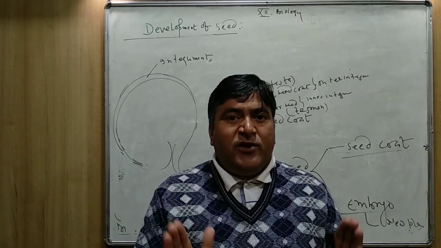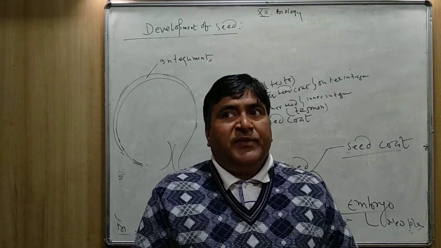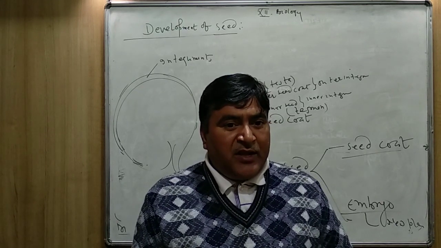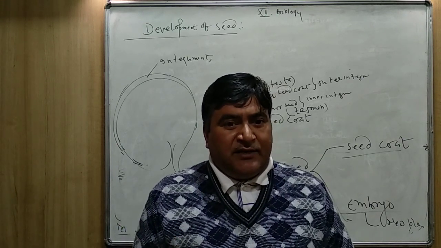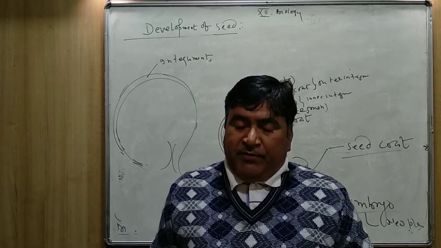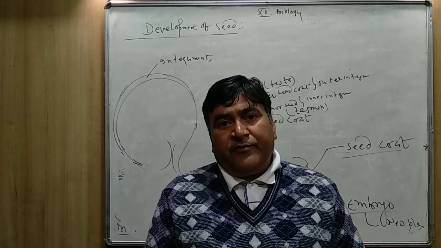There is no endosperm at all in such type of seeds, and these seeds are called non-endospermic or non-albuminous seeds, like pea, the seeds of the pea, beans.